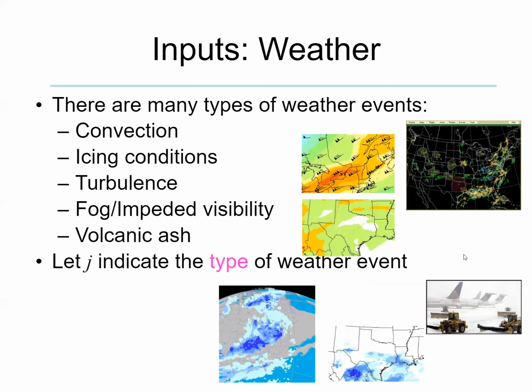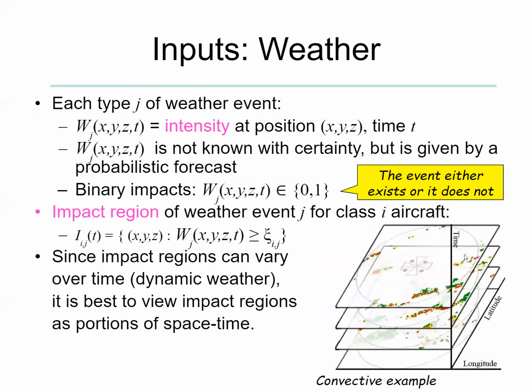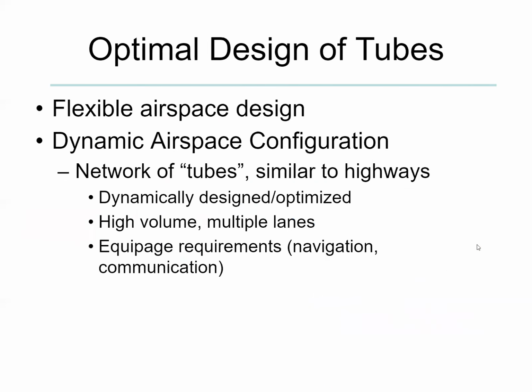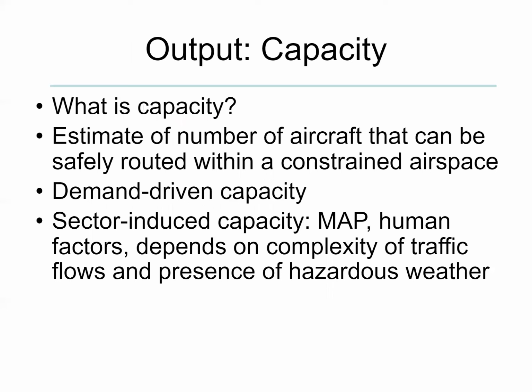Yes, we have to take into account weather events, different types of weather events, understand their different kinds of impact on the traffic. Look at XYT space. Here's a picture of that, and design these tubes that should be flexible. Well, in general, because of the flexible use of airspace, but also because they can really morph, as we saw.